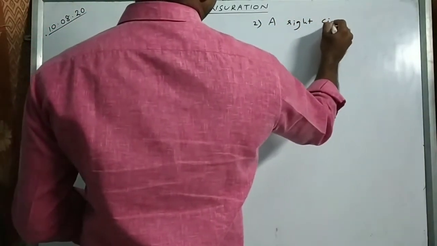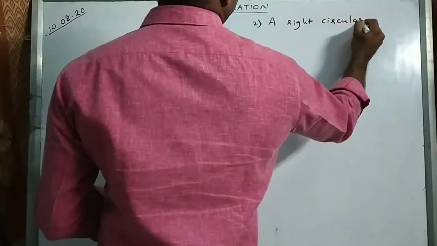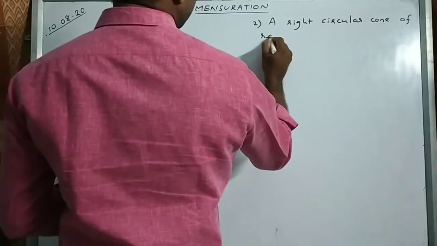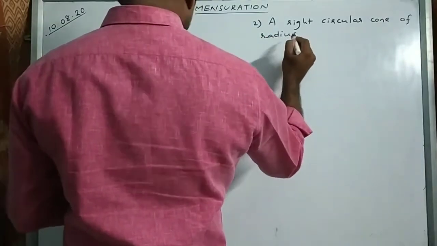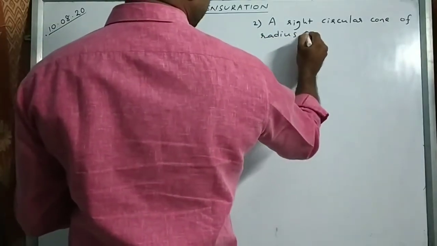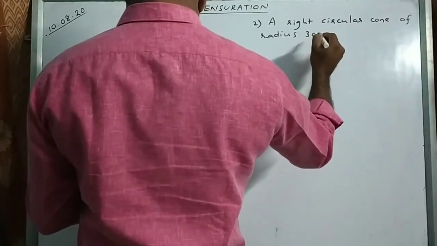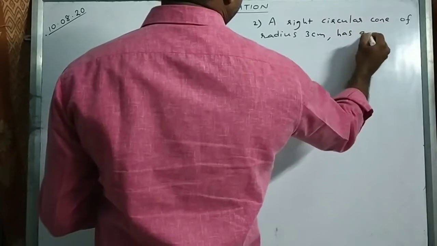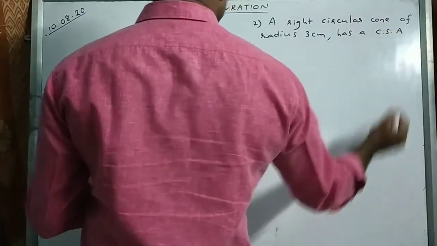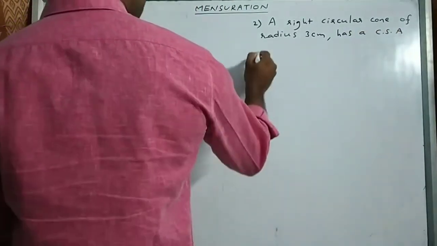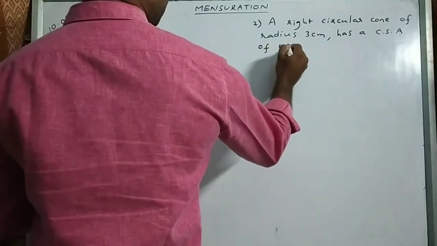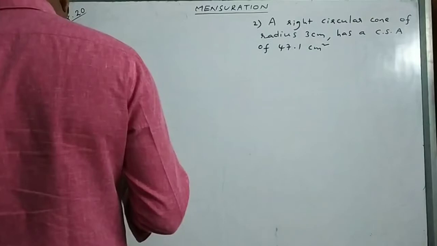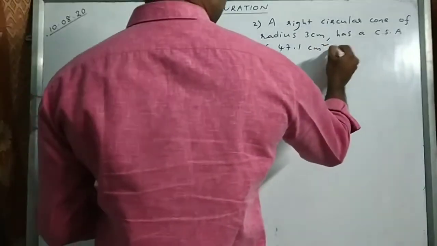A right circular cone of radius 3 cm has a CSA, curved surface area, of 47.1 square cm. Find the volume of the cone.